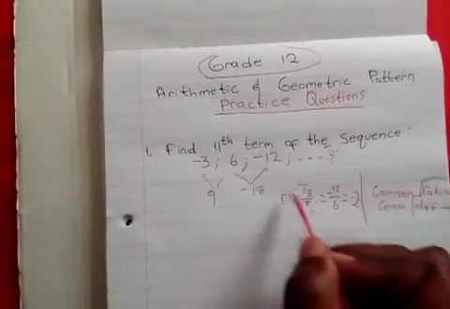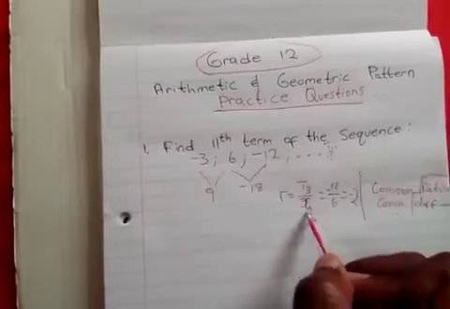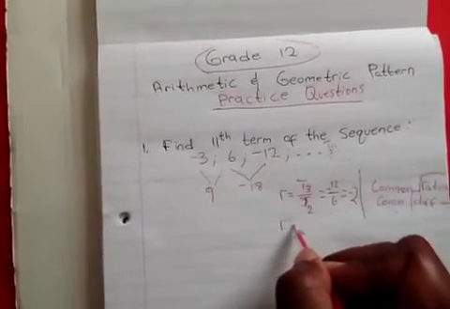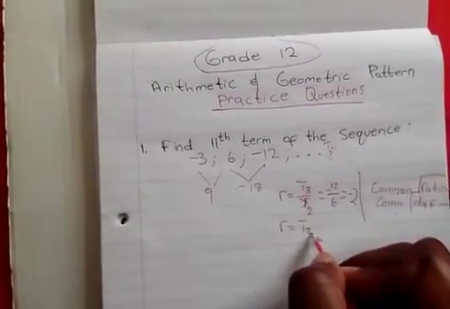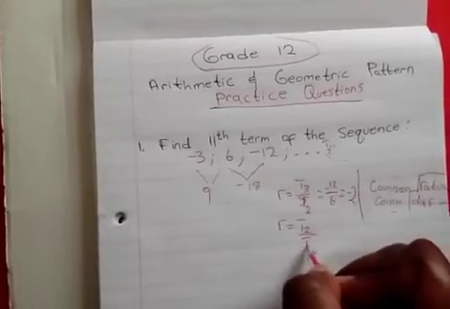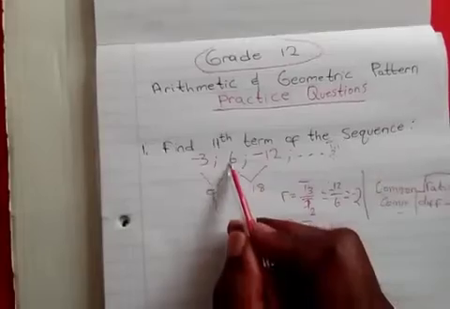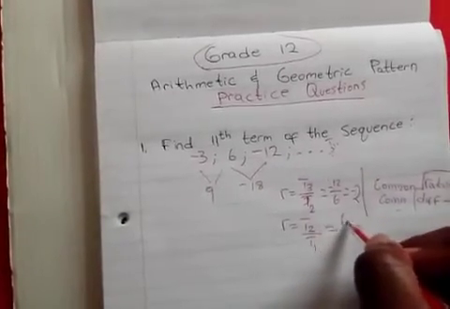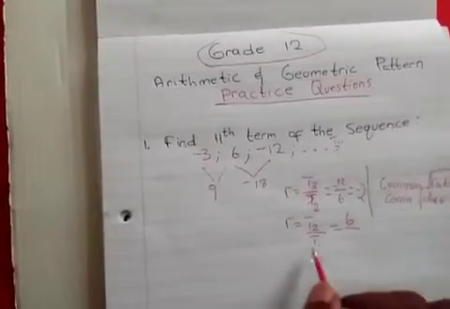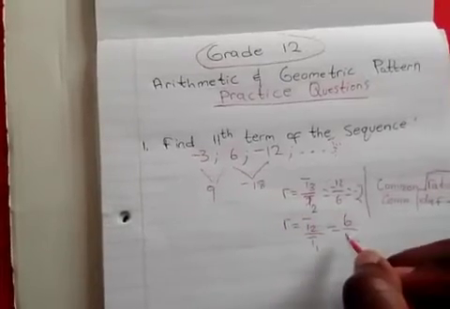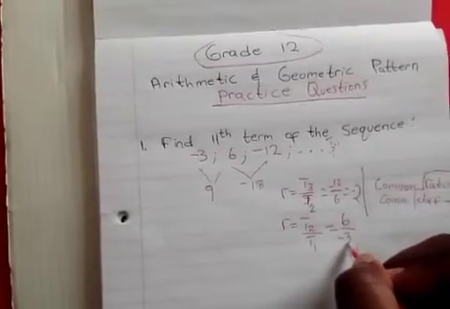The ratio of term number 3 and term number 2 must be the same as the ratio of term number 2 divided by term number 1. So our term number 2 is 6, and our term number 1 here is -3.